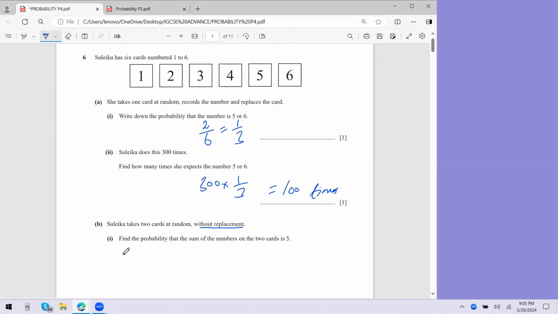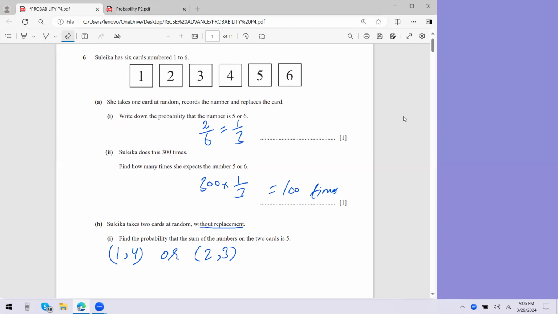Either you can pick 1 and 4, or you can pick 2 and 3. Is there any other possibility? No, right? So these are the 2 possibilities.